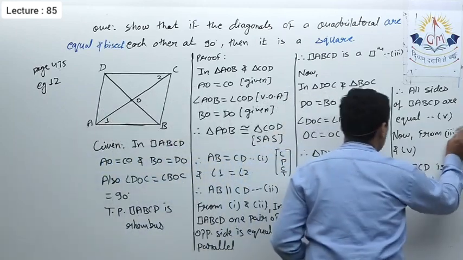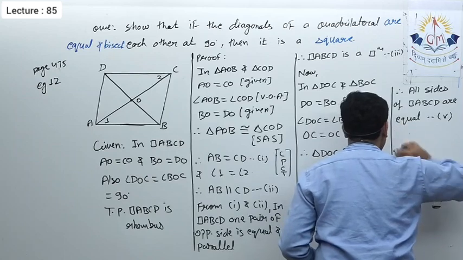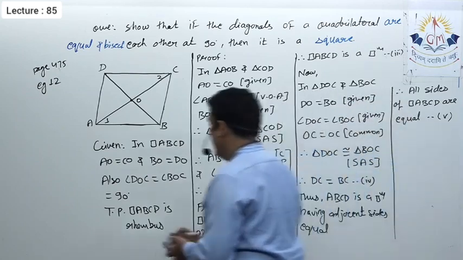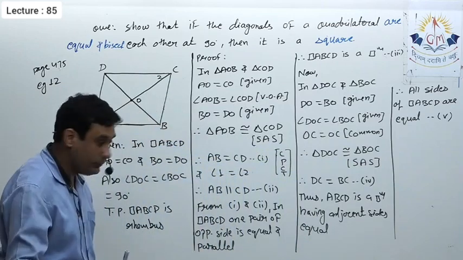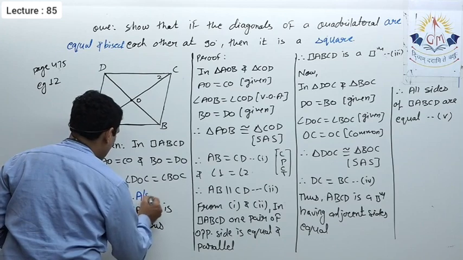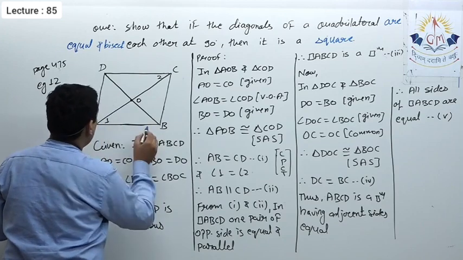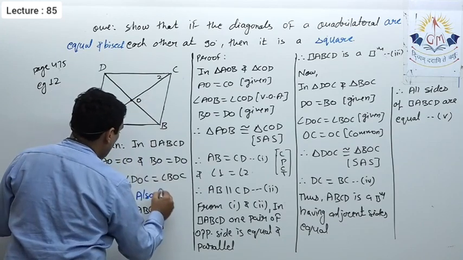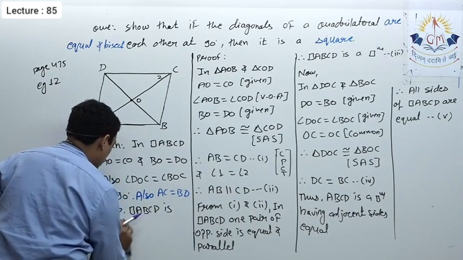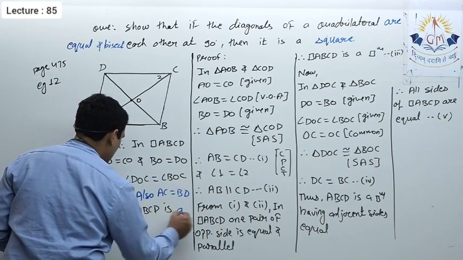So actually up to this there is no change in the solution, we just have to add one thing over here. Here I will write also AC equal to BD, which is given, diagonals are equal, and here you have to prove ABCD is a square.